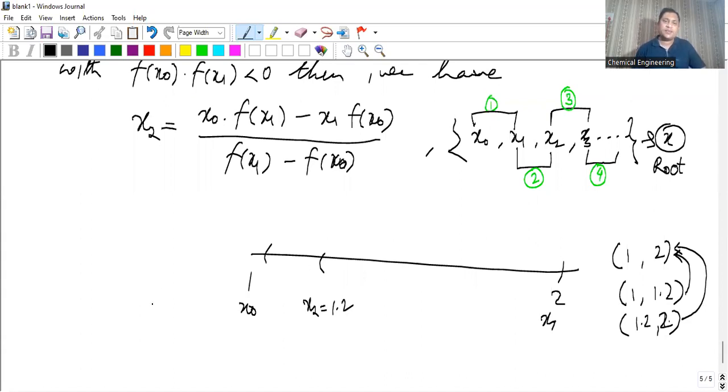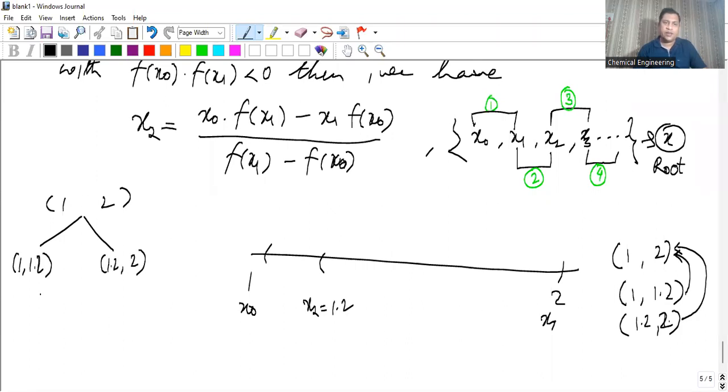Next you choose x3. What are the chances x3 will be here or here? We have the interval 1 to 2, then we got the two intervals, 1 to 1.2 and 1.2 to 2.